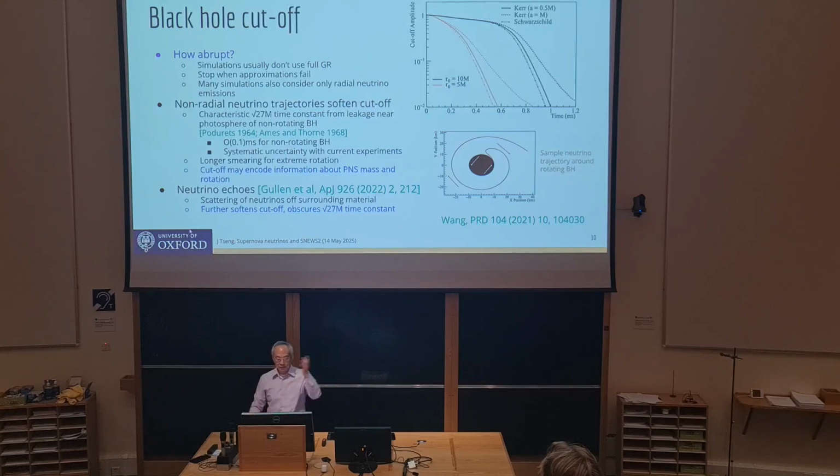And it turns out, first of all, you can do a relatively straightforward evaluation using general relativity, and you get a characteristic time constant of about the square root of 27 times the mass of the forming black hole.